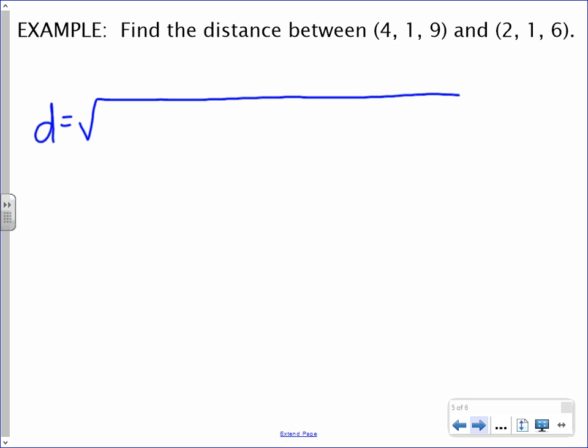Does it matter which coordinate you take first? It does not. Just stay consistent. All right.